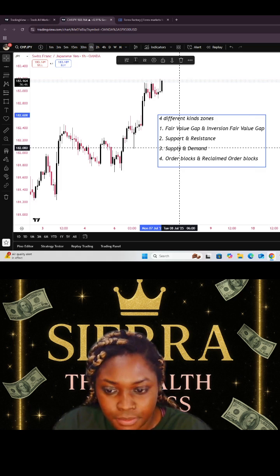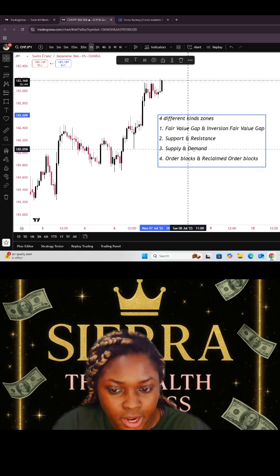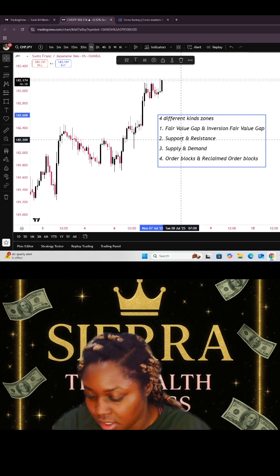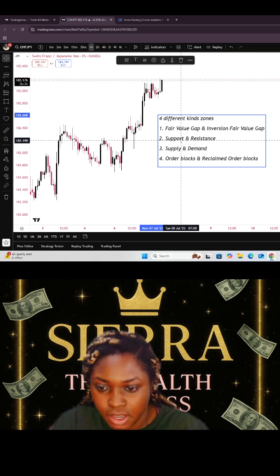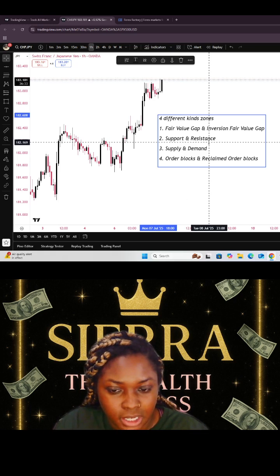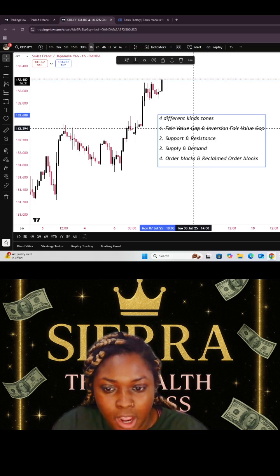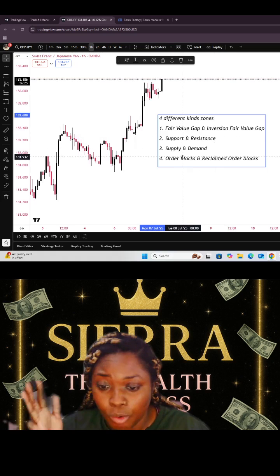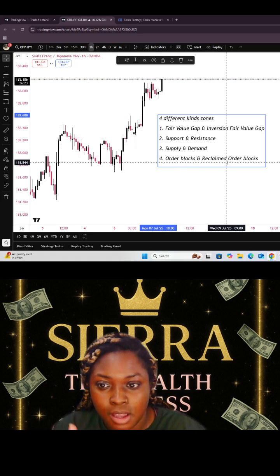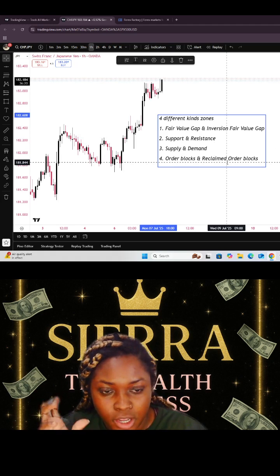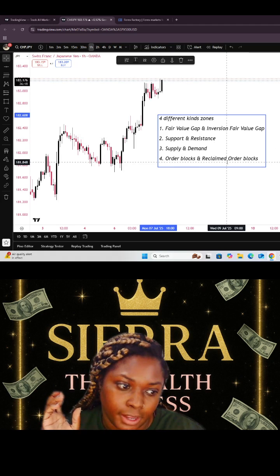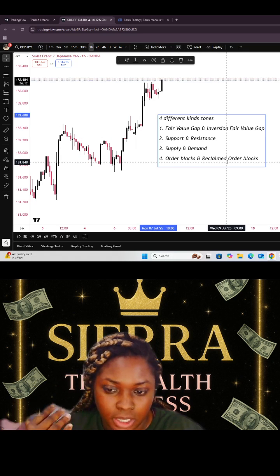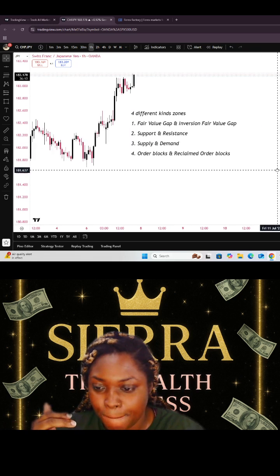Now, when it comes to fair value gaps and inversion fair value gaps and order blocks and reclaimed order blocks, they can be either a sell or a buy. It just depends on what it was originally, right? So it'll make more sense when I start to point them out on the chart, okay?